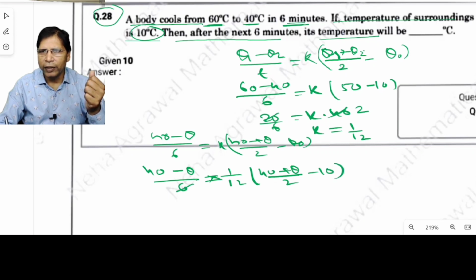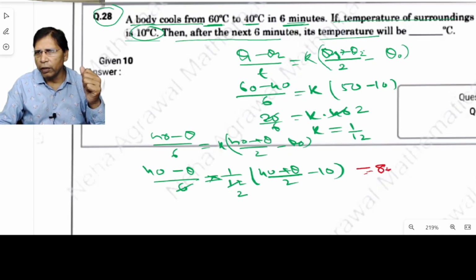Now this and this cancel out. This is 40 minus theta into 2, so 80 minus 2 theta, equals 40 plus theta minus 20 by 2.